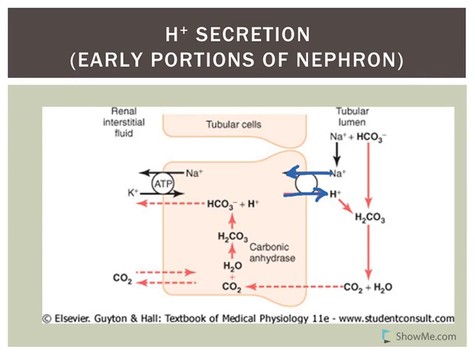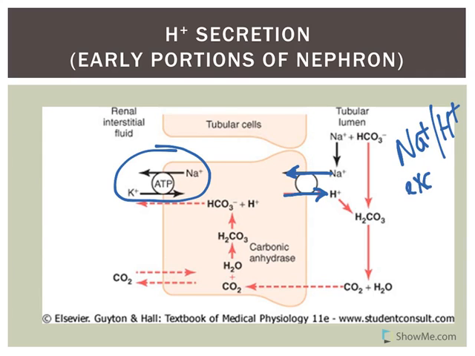The sodium reabsorption is driven by this sodium potassium pump that's located over here. And over here you have this sodium hydrogen exchange protein, and this is an example of an antiporter. So hydrogen ions are being secreted into the tubular lumen in exchange for sodium.